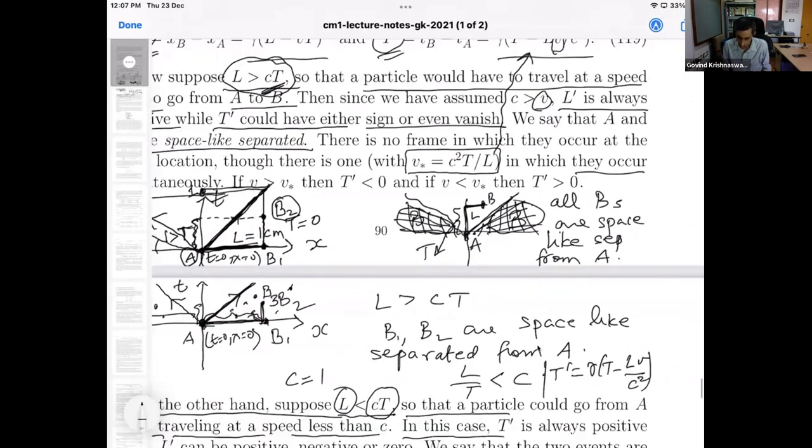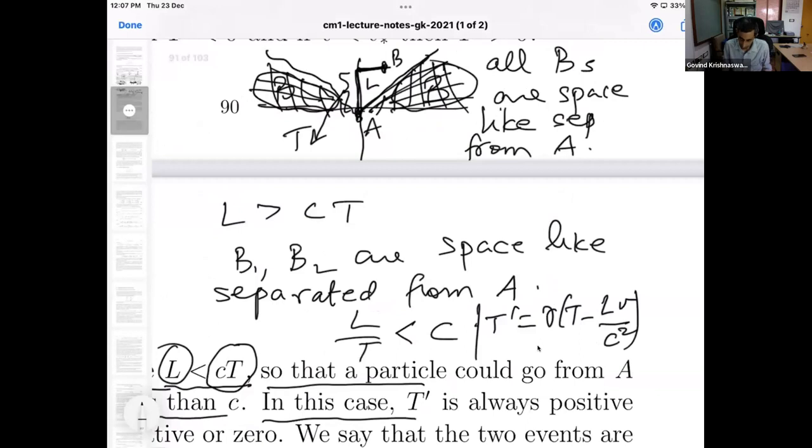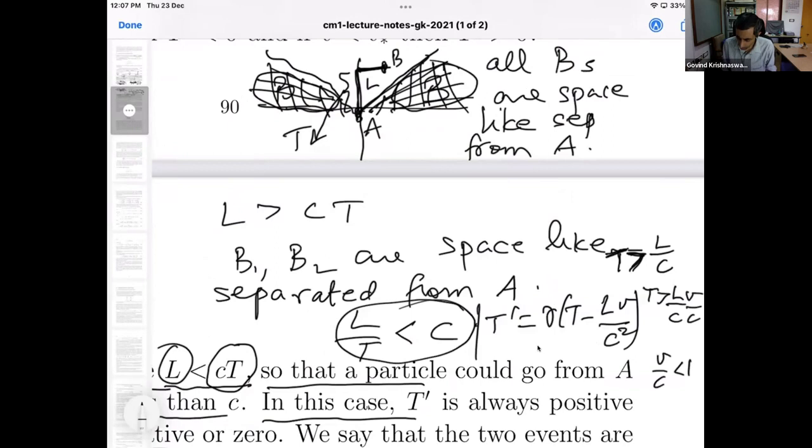So if T is more than L upon C, that's what we have assumed, then T must also be more than L upon C times V upon C, because V upon C is assumed less than 1. Just multiplying by yet another small number here. And therefore, this difference must be positive. Therefore, T prime is positive.